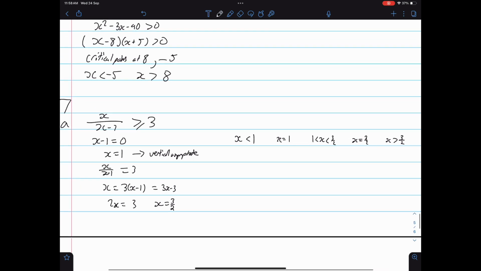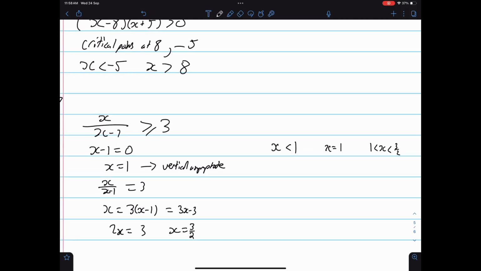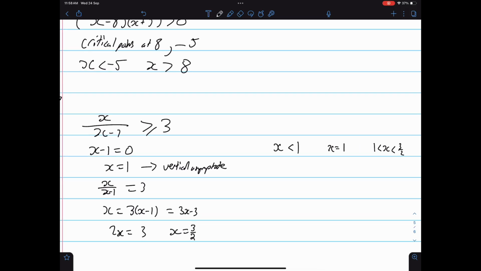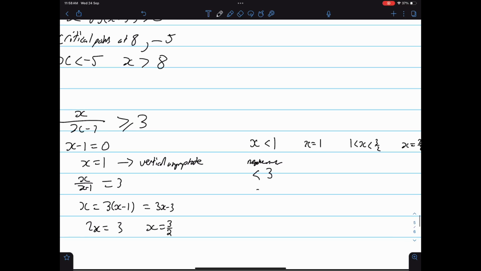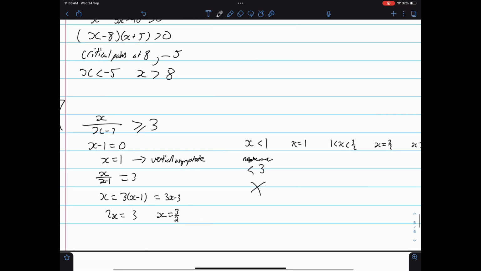And then I would see what would happen for each of these. Okay, if x was less than 1, we would get a negative number on the bottom, making this negative. So we'd get a negative number, that's less than 3, so that does not work. At x equals 1, undefined.